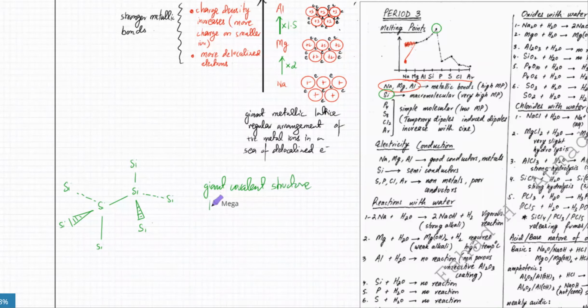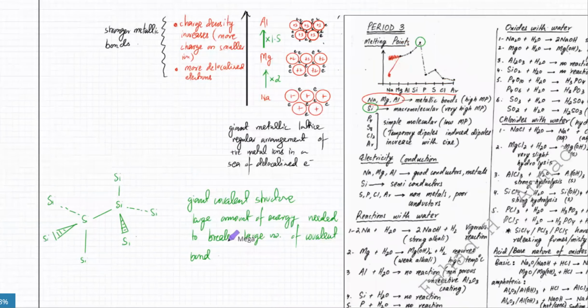So you need large amounts of energy to break many covalent bonds. So that's needed to break the large number of covalent bonds. Exactly the same reasoning as diamond.